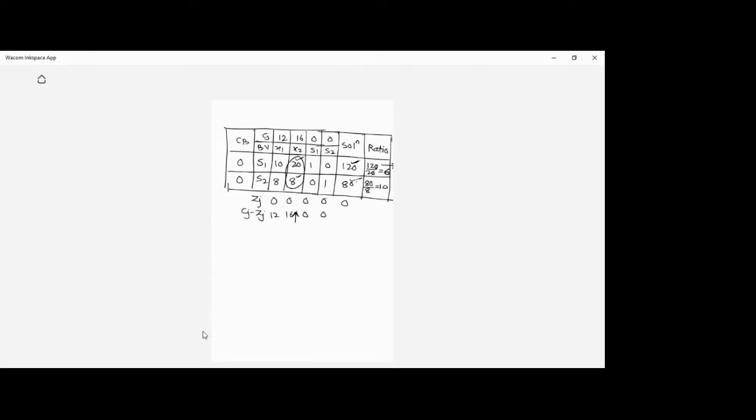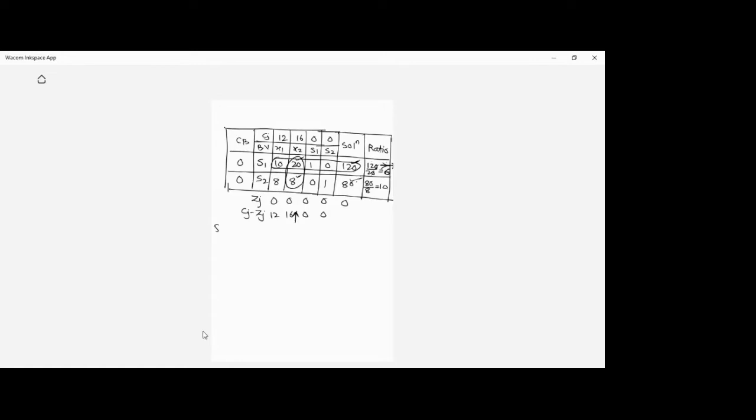So this particular variable is going to leave, and hence this particular row is now called the key row. So we have S1 as the variable which is going to leave, and X2 as the variable which is going to enter.